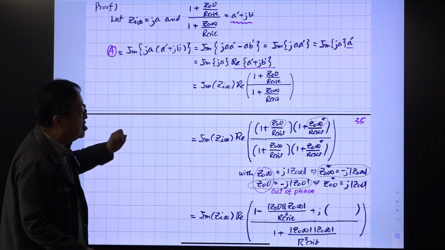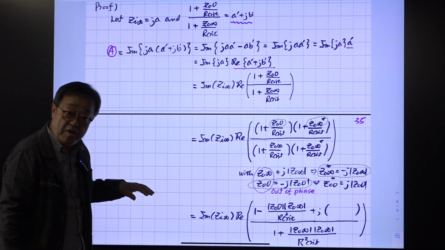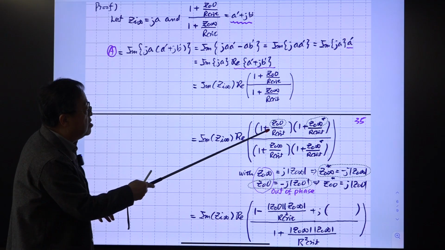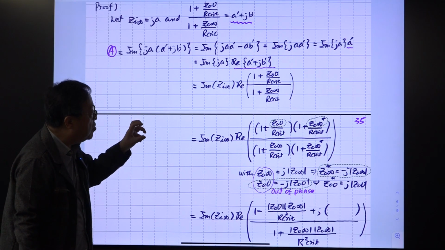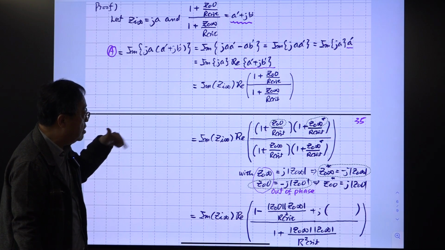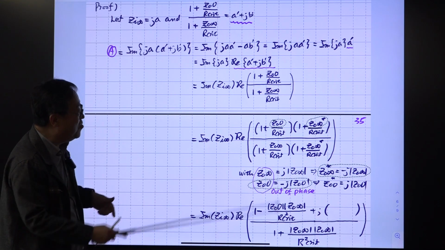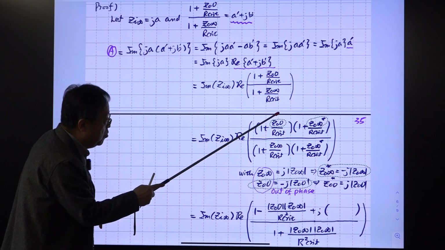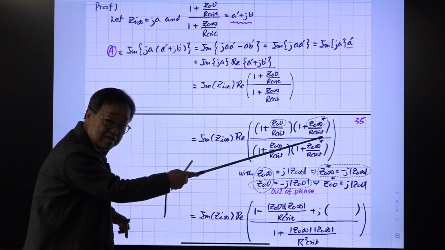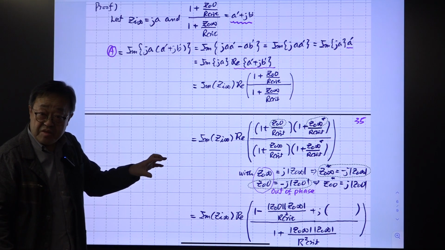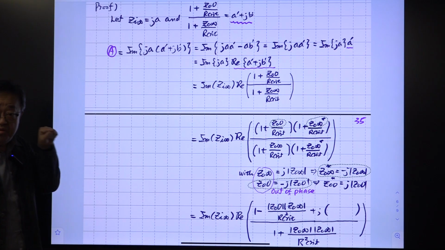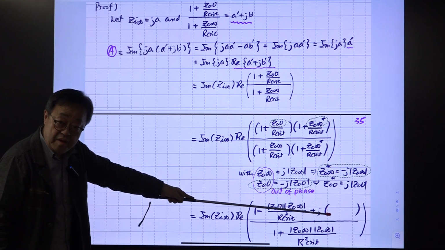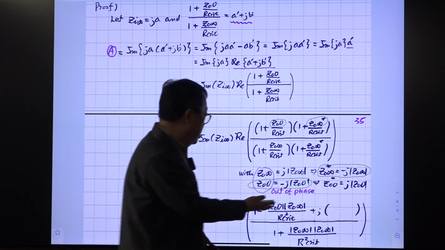And think about this, just expand this. The denominator is a real number: this squared times this squared, the magnitude of something. The real part of this comes from this one times this one. Another real part comes from the multiplication of this and this, but they are out of phase, so that becomes a negative real number, which is this. This is the imaginary part, but we don't have any interest in this area.